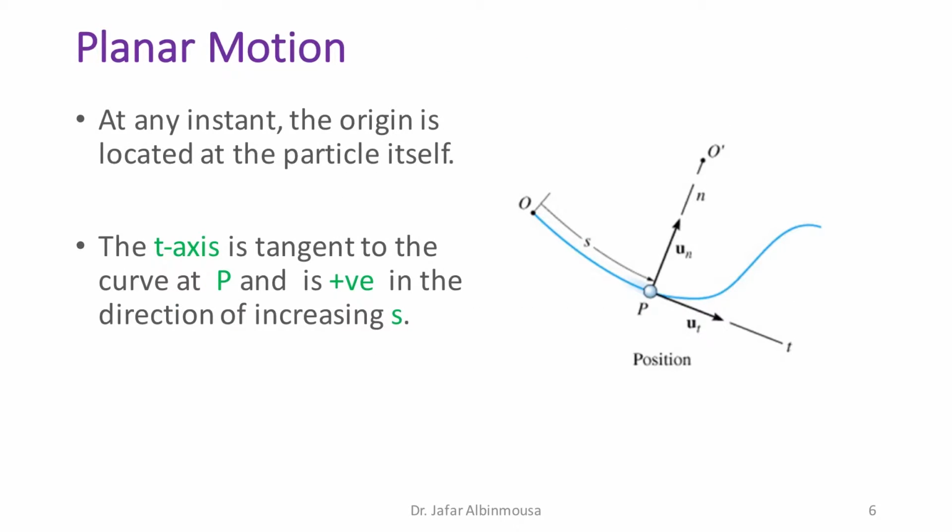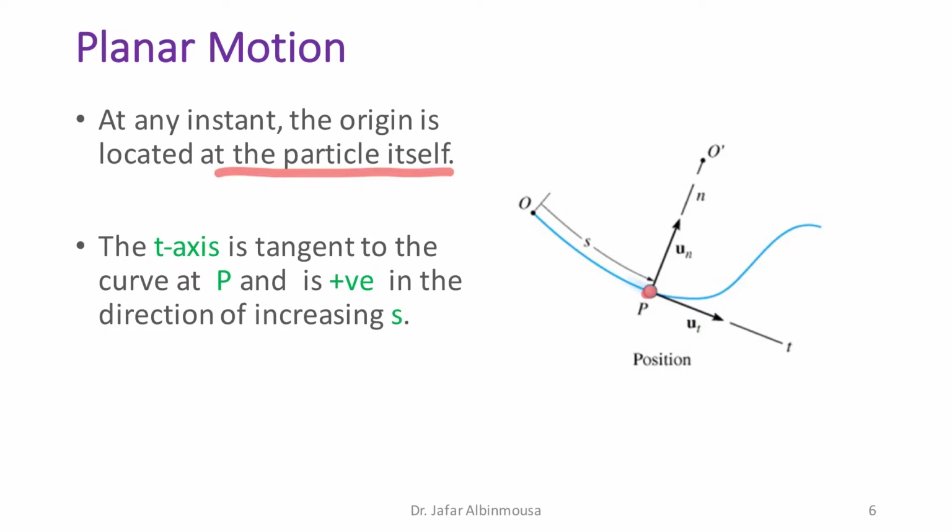Now, if we consider two-dimensional planar motion, there are a few points to be considered over here. First, as we discussed earlier, at any instant, the origin is located at the particle itself. So if you look over here, this is the origin, just on the particle.